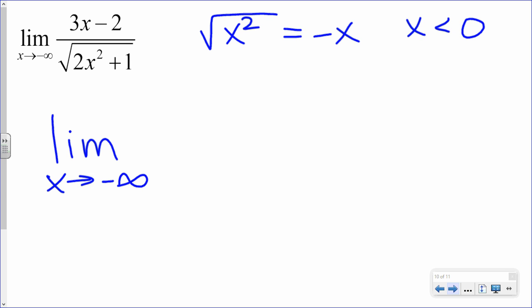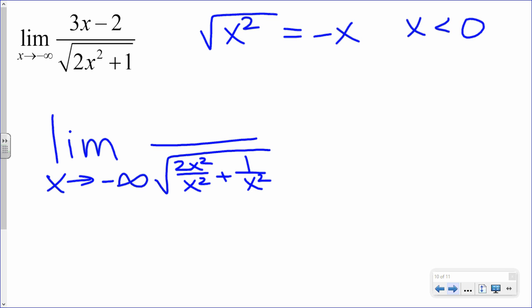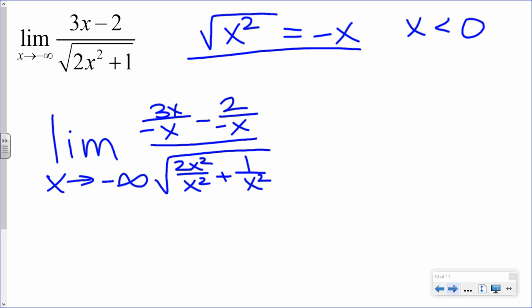So when we do our dividing by the highest term, if underneath the radical we are dividing by x squared, but our x's are going towards the negative, then that means in our numerator we have to divide by negative x because of this right here.